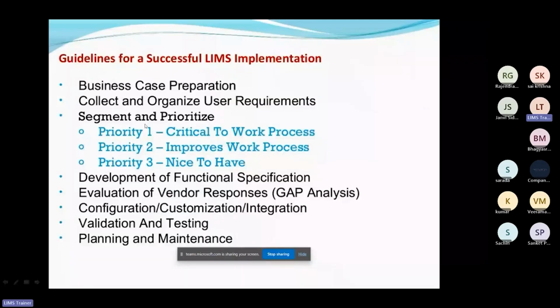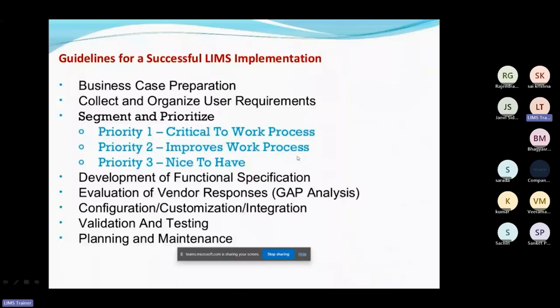Here we can consider three steps. First, critical to work process: we need to find out which requirements are very critical. Without these requirements, the work will not happen. Those are called critical requirements. Then come the requirements that improve the work process in the laboratory.